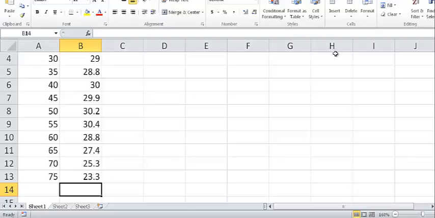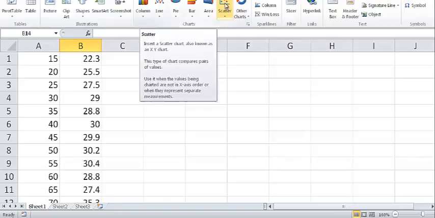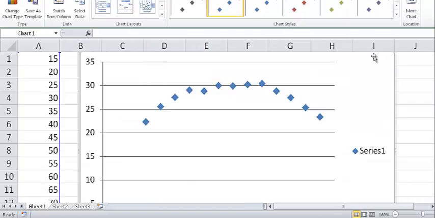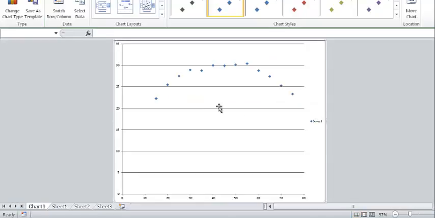So that's my data. And then you can go to Insert, Scatter Plot. We're just going to plot the dots right now. And we're going to move the chart to a separate page, which we'll call Chart 1. So there's my graph. On the x-axis we have speed, on the y-axis we have mileage.